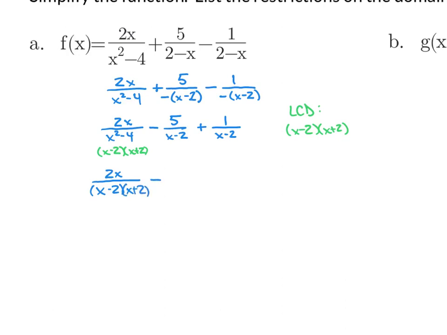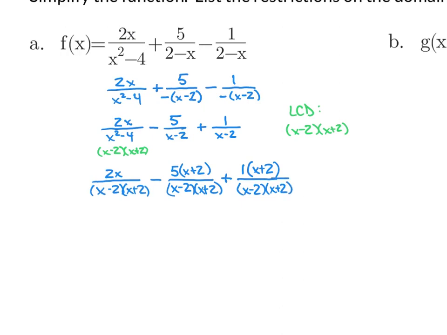The second one, I need to multiply by x plus 2. So I get 5 times x plus 2 over x minus 2, x plus 2. My last one, same thing. I want to multiply by x plus 2. And my denominator is x minus 2, x plus 2.